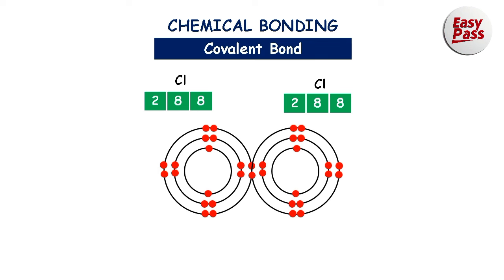When you count from the other side, 2 plus 2, 2 plus 2, 4 plus 2, 6 plus 2, 8. You find out that the chlorine atom on the right-hand side belongs to group 8, while the chlorine atom on the left-hand side also belongs to group 8 by sharing the single electron in the outermost shell. This is a good example of a single covalent bond.